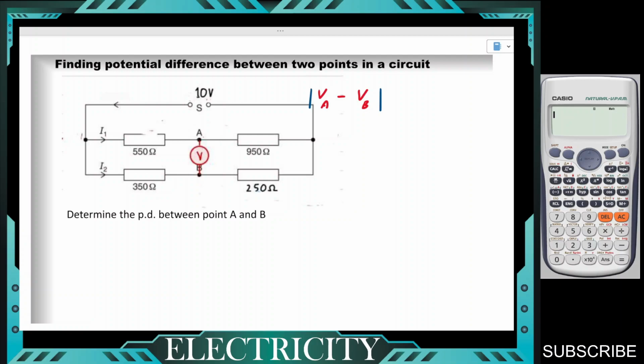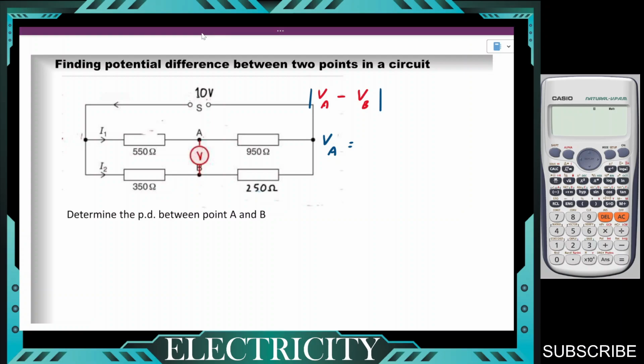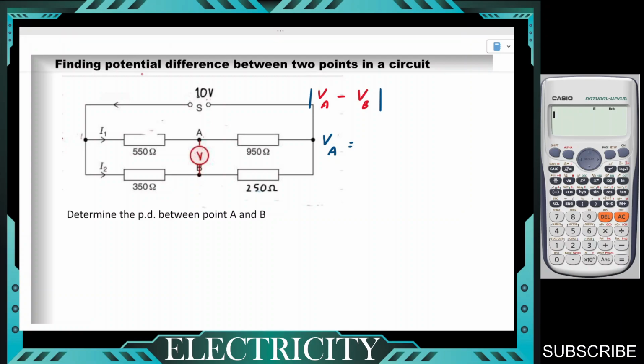Now the first question is, how do we find the voltage at A? Whatever method we choose, we can use the same method and then find the voltage at B. But let's break it down into steps, and we want to find the potential at the point A. Let me draw the pathway for the current. In the first loop, I can say the current flows through the first loop something like this.